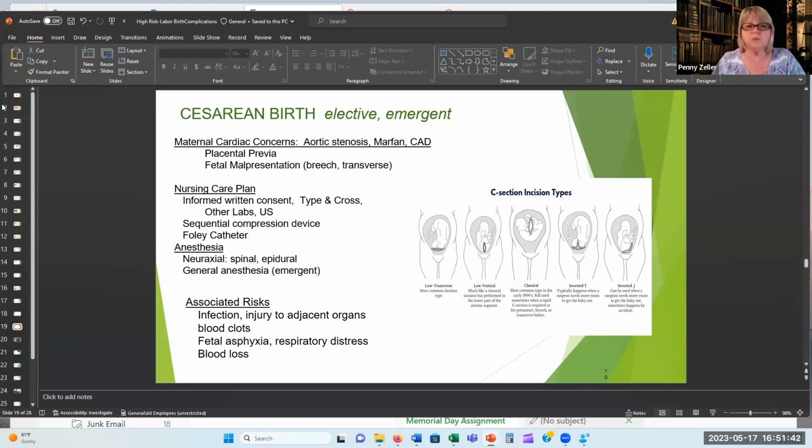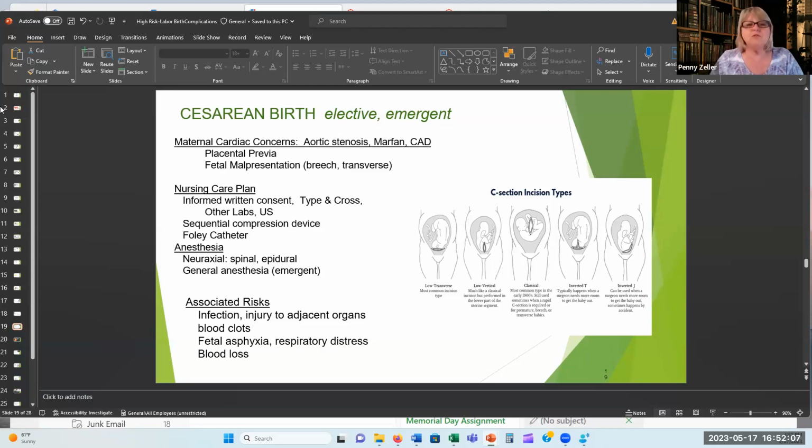As with any surgery, there are risks associated with it: infection, injury to adjacent organs like the colon, the bladder, or the ureters, blood clots, deep vein thrombosis or pulmonary embolus, fetal asphyxia and fetal respiratory distress, hemorrhaging, blood loss.